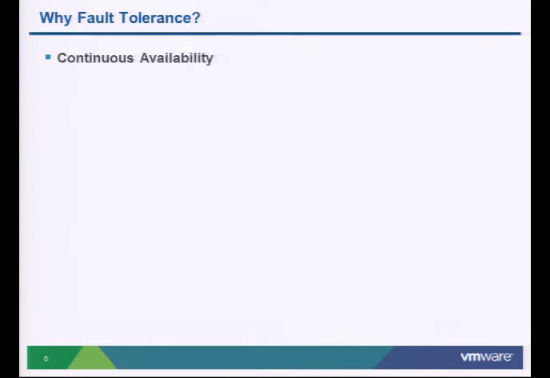And if they see that the workload is not running, they will restart the workload. But you do see that there is a small window of time when your workload goes down, the HA application detects that it is down, and it will restart it. So there is a small amount of downtime, and that downtime can have other repercussions, which are something that you wouldn't want. Continuous availability essentially guarantees you zero downtime.